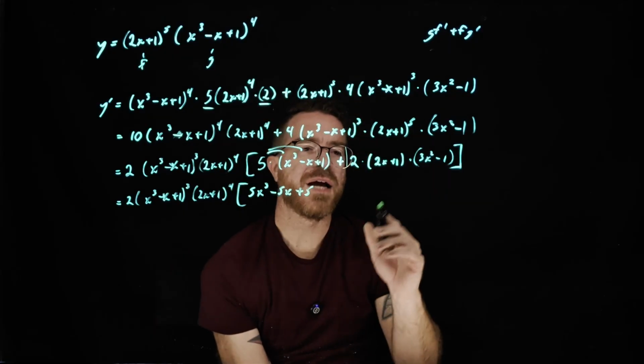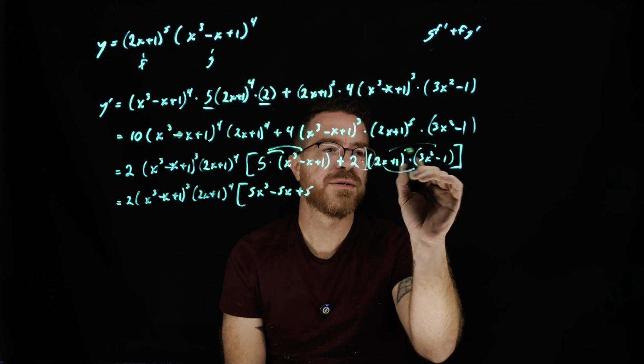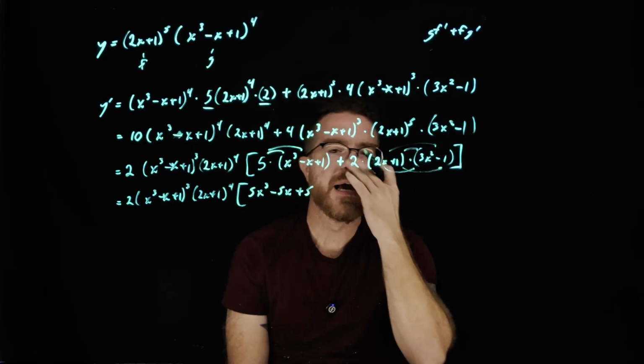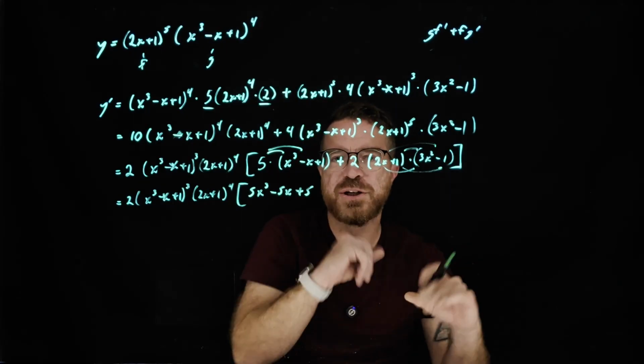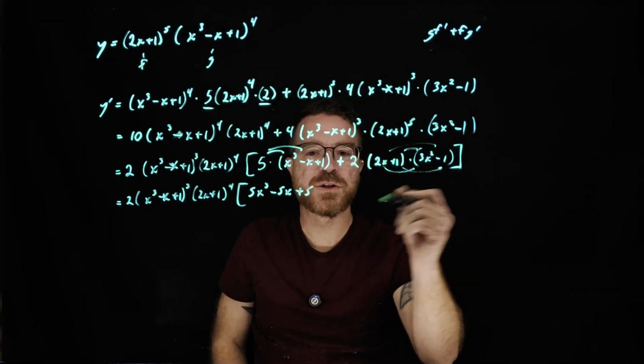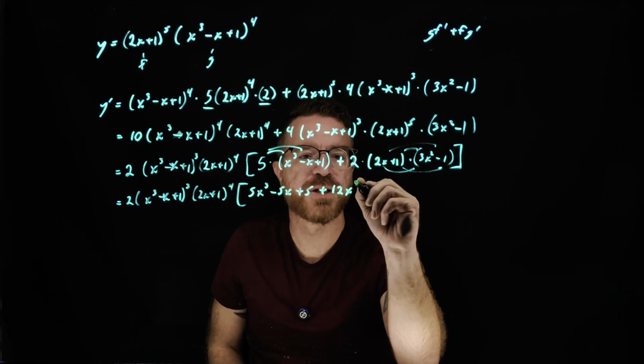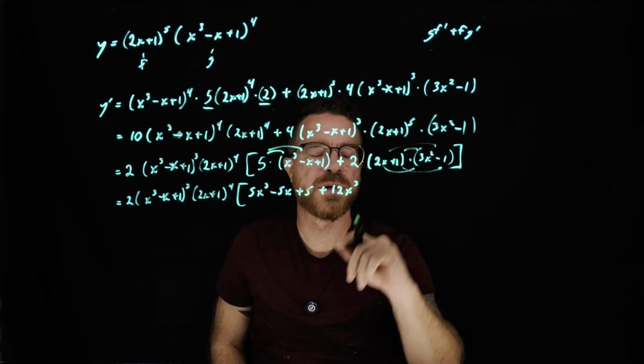And then for this one, I'm first going to FOIL it out, right? So first, outer, inner, last. And then I'll just take whatever I get there and multiply it by 2. So 2x times 3x squared is going to be 6x cubed, times 2 is going to be plus 12x cubed.